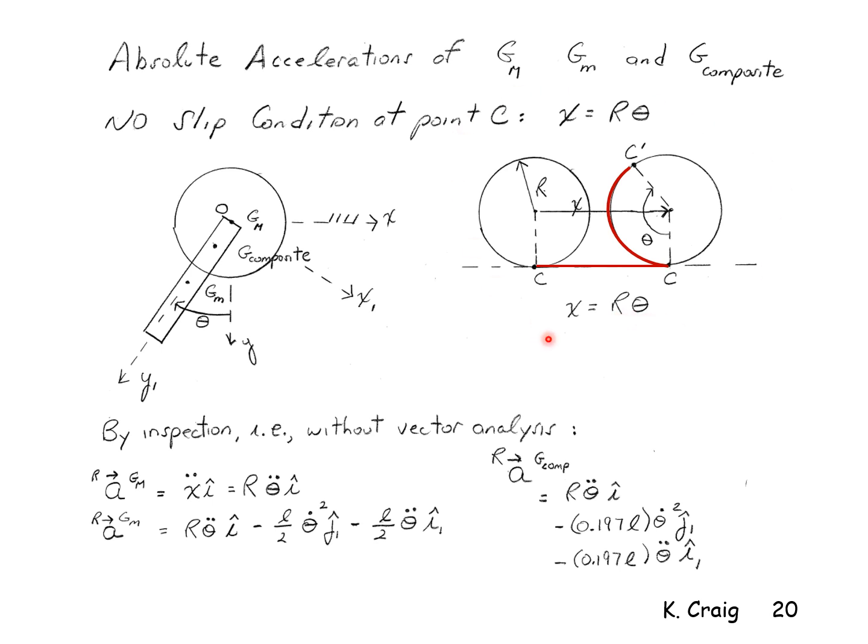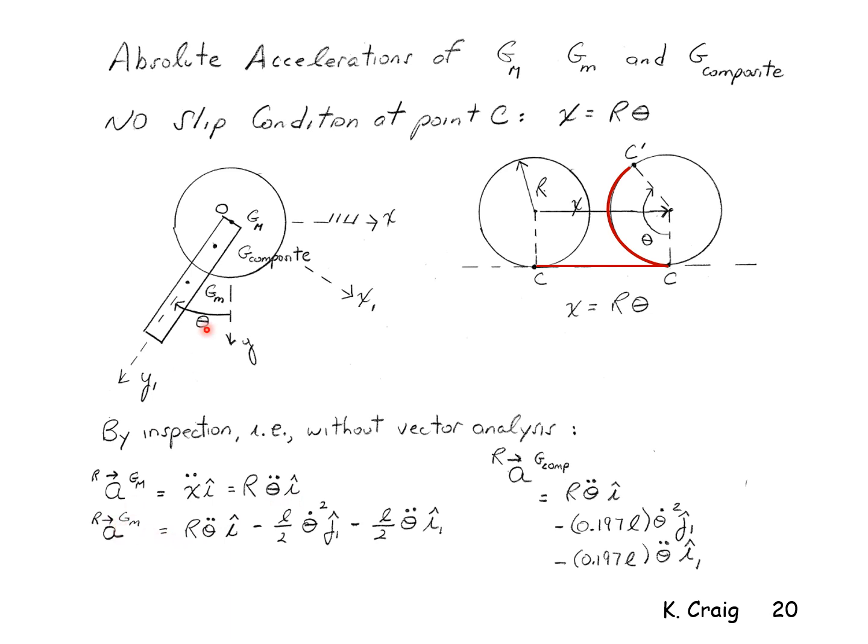Once I have this, I can then proceed. So by inspection, without vector analysis, I can write the acceleration of the center of mass of the disk with respect to the grounded reference frame is simply x double dot times I hat, the unit vector in the x direction, which equals r theta double dot I hat.